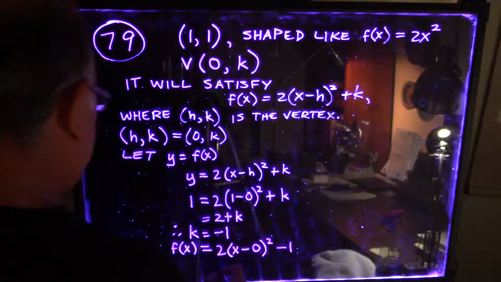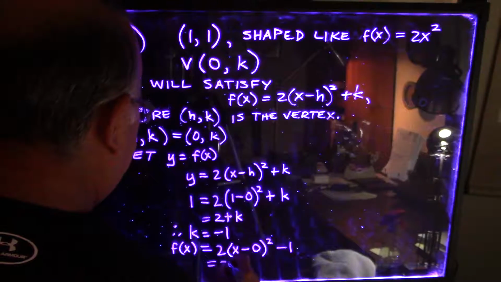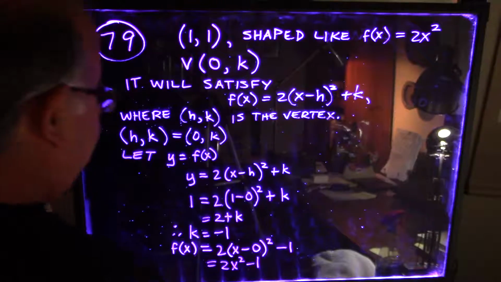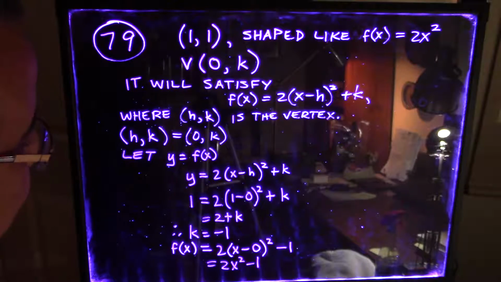And so this simplifies to 2x squared minus 1. And that's it.